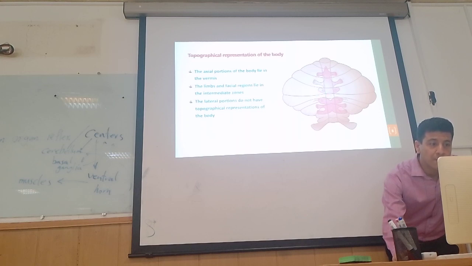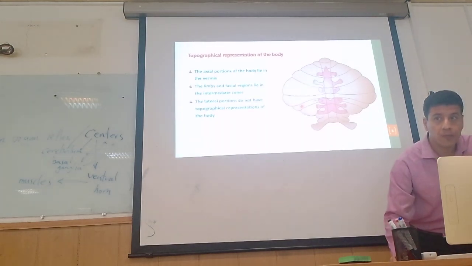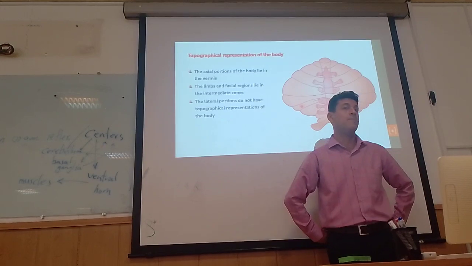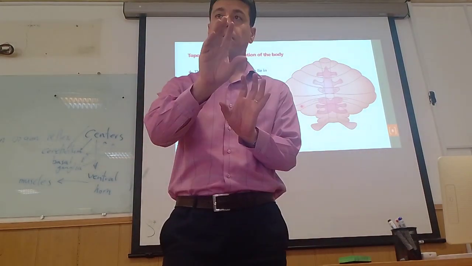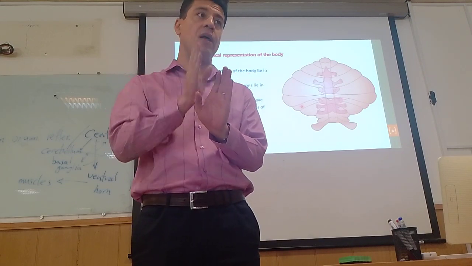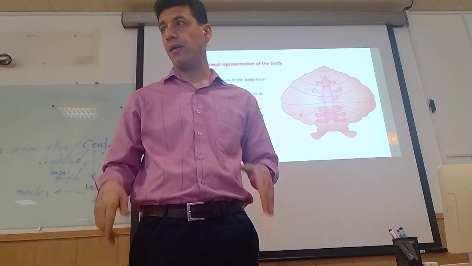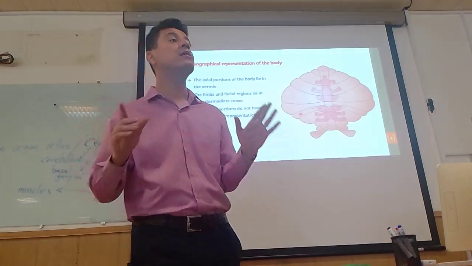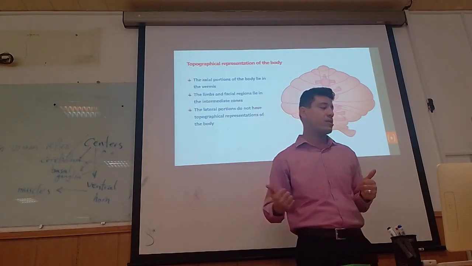And we have two maps, one in the anterior lobe, another one in the posterior. But we don't have any map of the body in the lateral zone of the cerebellum. So we have two maps of the body in the cerebellum. Axial muscles are represented in the vermis. Limbs, arms and legs, and the face are represented in the intermediate zone. There is no map of the body in the lateral zone.